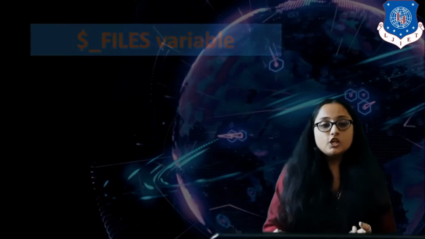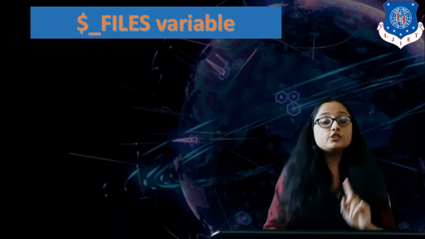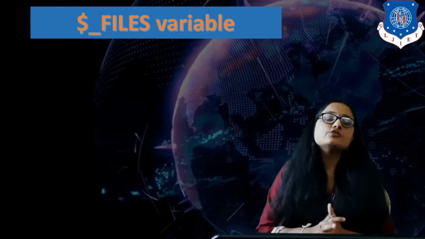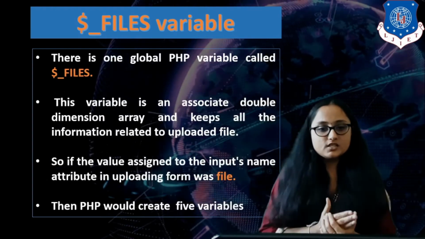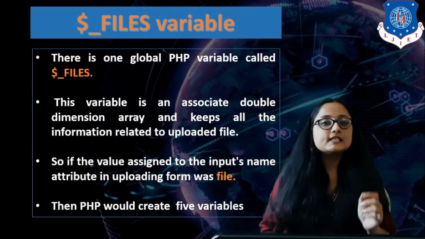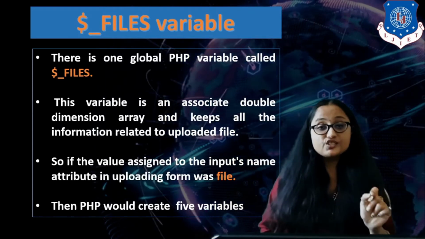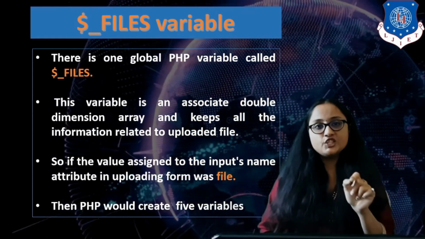Now for uploading a file using a PHP script, we will have to learn what functions we will use. Before that you have to understand that there is a super global variable $_FILES. And what does this $_FILES variable do? Basically it is an associative double dimension array.